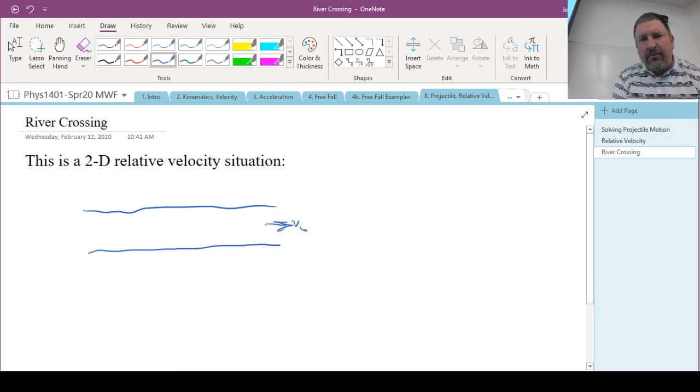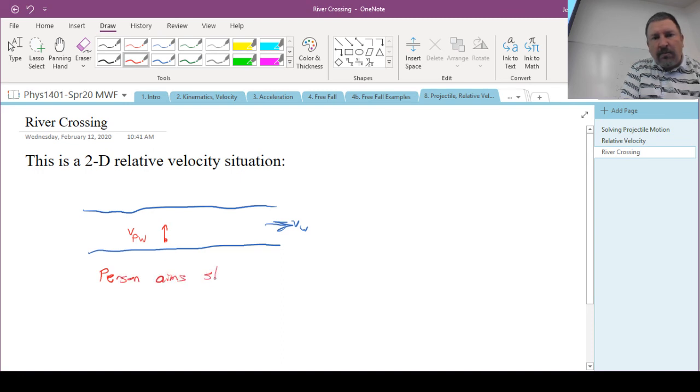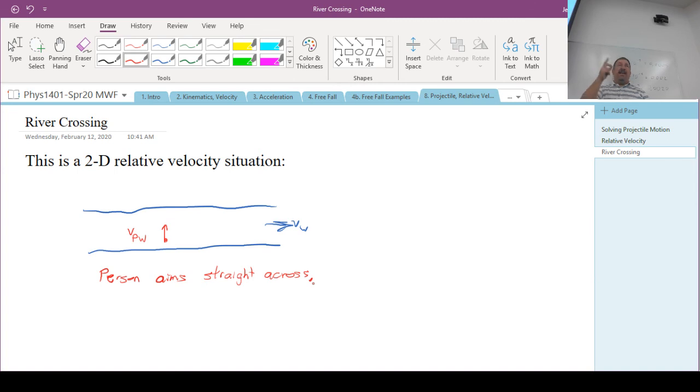And we'll have V water. And then let's have V person relative to water. This person tries to swim straight across. So in navigation, I believe there are two words that are relevant to this situation: heading and bearing.